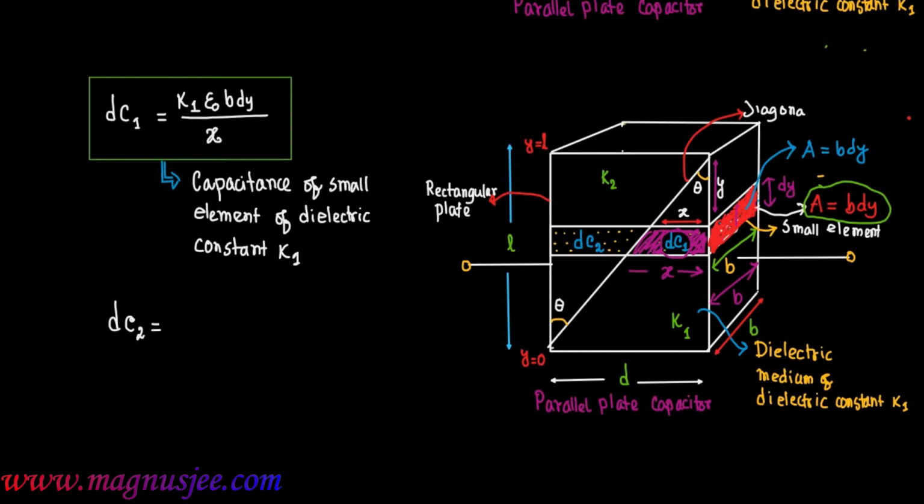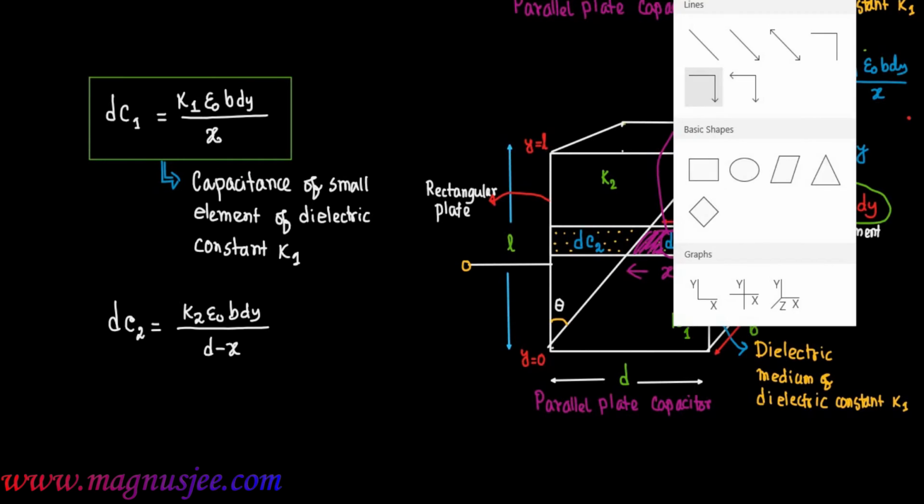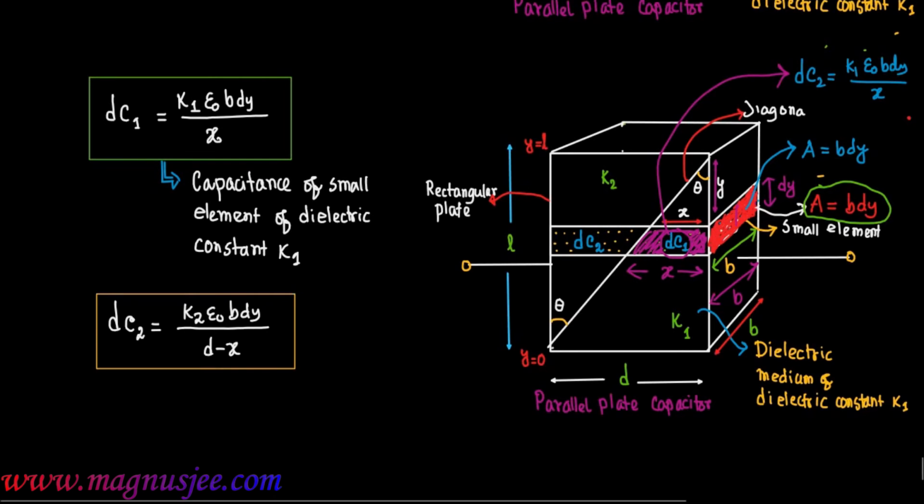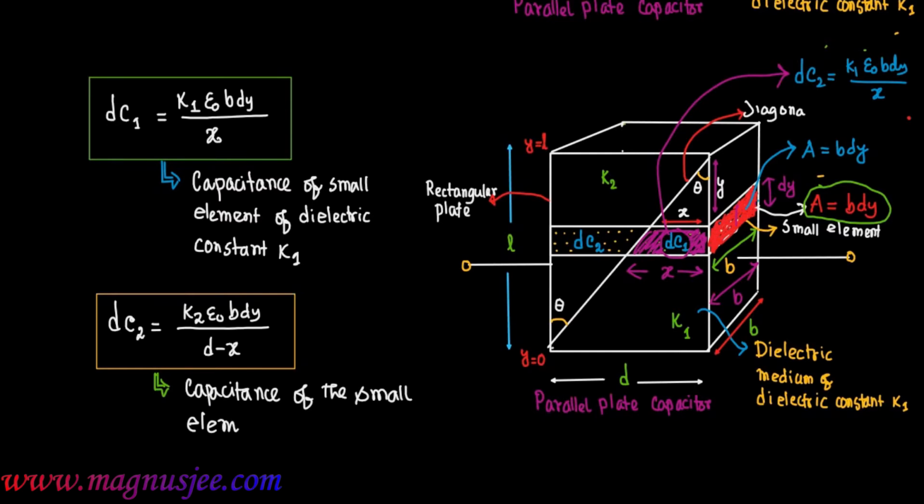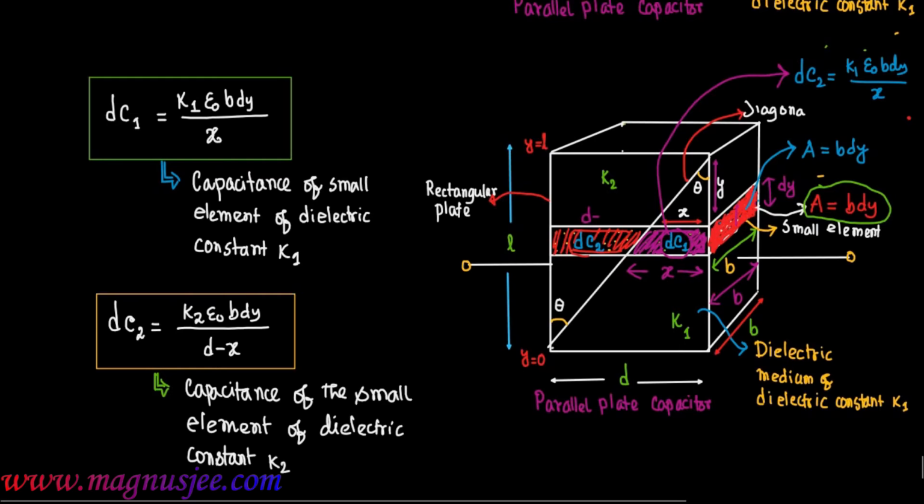Here we denote x as the width of the small element of dielectric constant K1 having capacitance dC1, and dC1 is equal to K1 epsilon 0 b dy divided by x, and dC2 is equal to K2 epsilon 0 b dy divided by d minus x, where b dy is the area of cross section of the small element of dielectric constant K2. dC2 is the capacitance of this small element, whose width is d minus x, and height is dy.